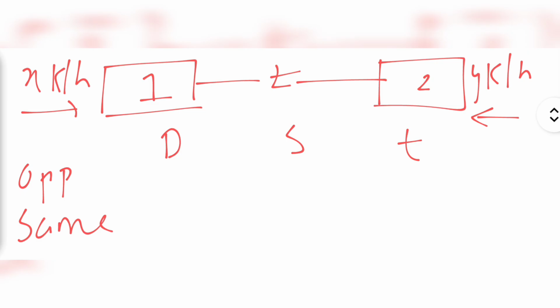Both are considered opposite direction only. That time your distance will add, d1 plus d2. What will happen to your speed? Speed will become x plus y, and your time will stay the same. Time never adds up.